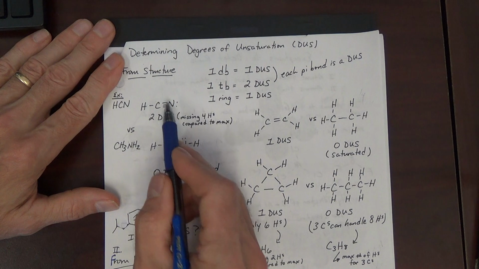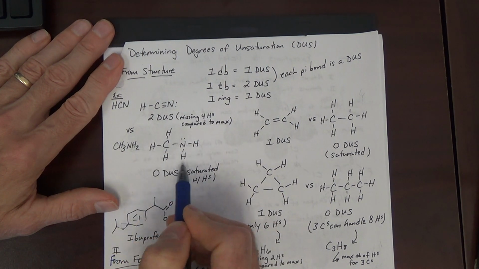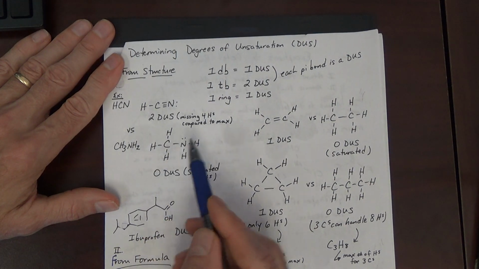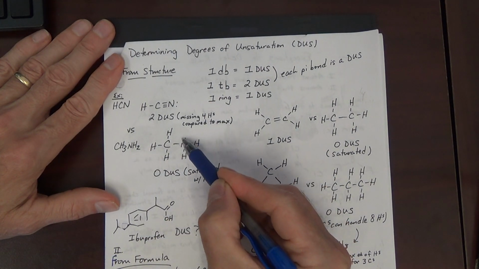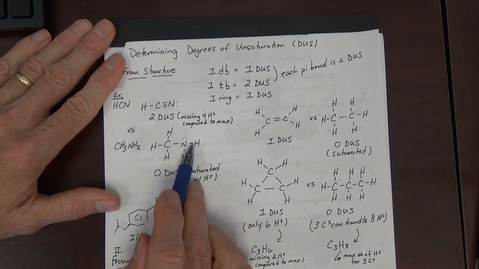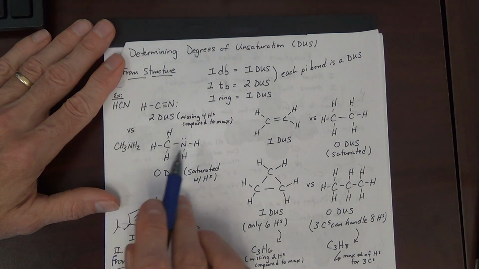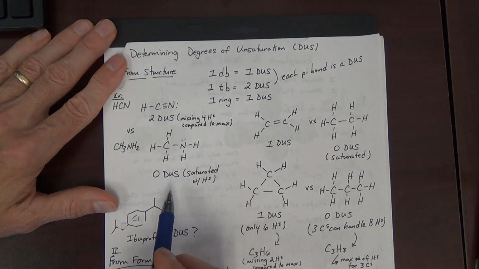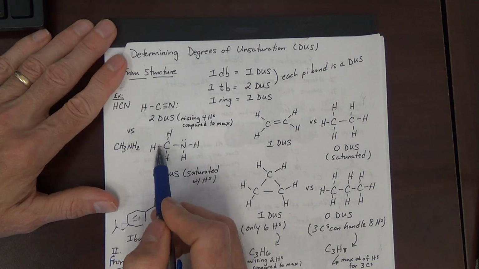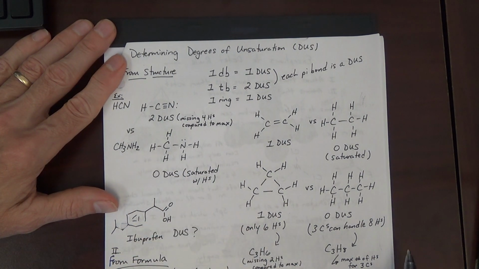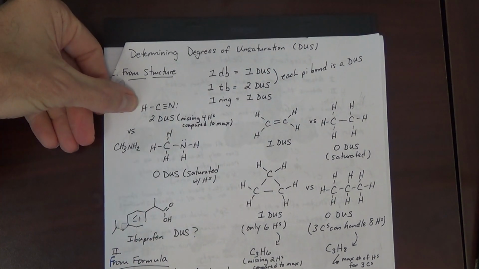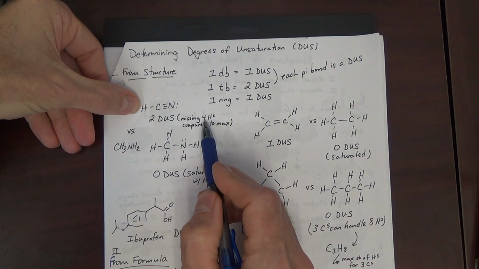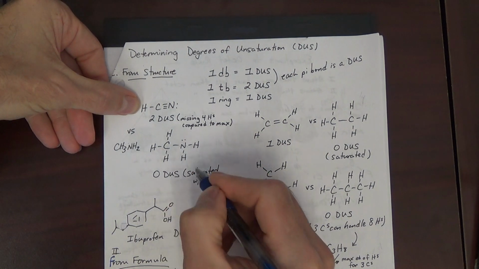If we got rid of the triple bond and completed all valencies using hydrogen instead, we would put 3 H's around carbon, 2 H's on nitrogen, lone pair on nitrogen, standard bonding for carbon and nitrogen and hydrogen, and we can see that the C and N can actually hold 5 hydrogens total, where up here in this structure it only had 1. And so we can say it's missing 4 compared to max. This is max.